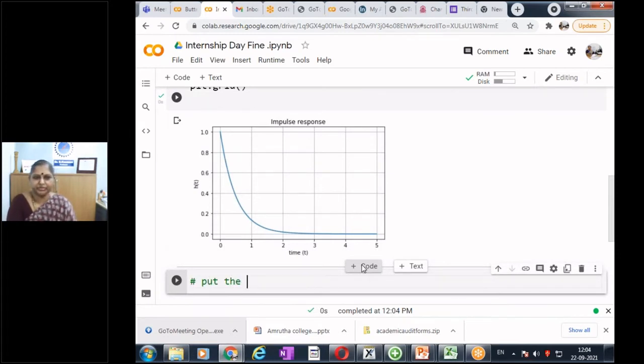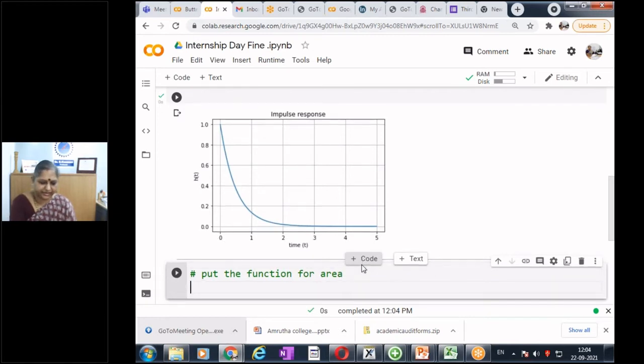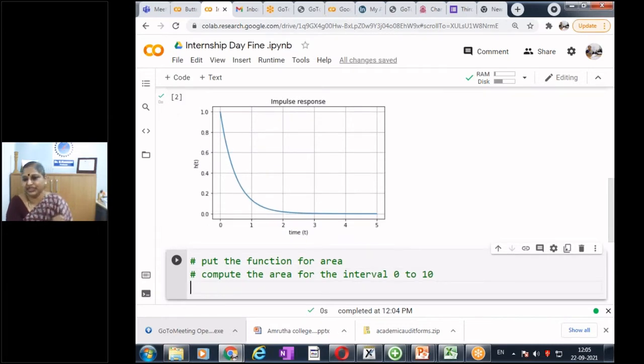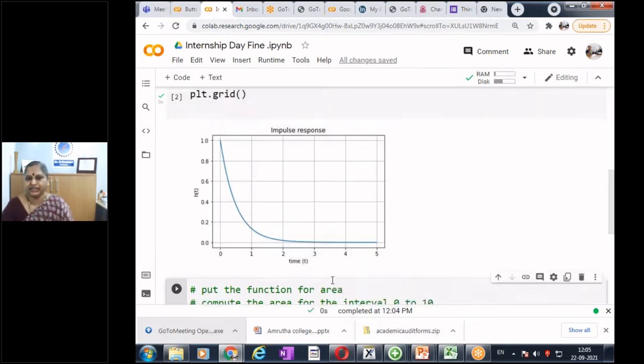Put the function for area and compute the area for the interval, say 0 to 10, and see whether the system is stable or unstable. You already have the function for integration, so you just call that integral function and compute the area.